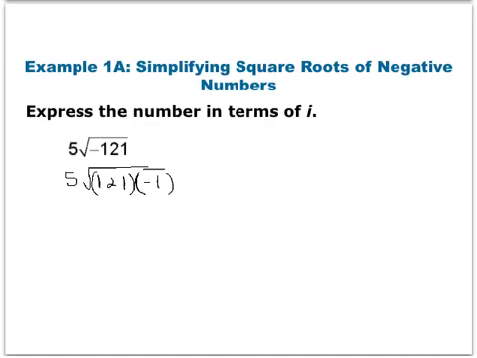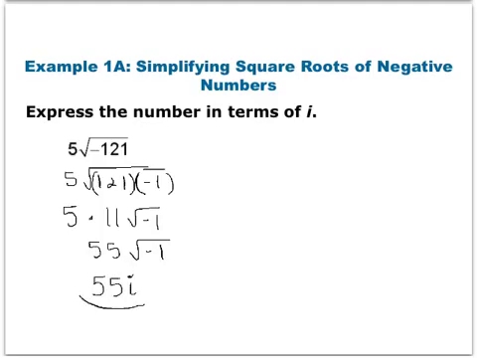Then you just take the square root of both pieces. The square root of 121 is 11. Okay, 5 times 11 is 55. Doing every bitty step here, which you will not have to do. And you have the definition of imaginary unit. So our answer is pretty simple.